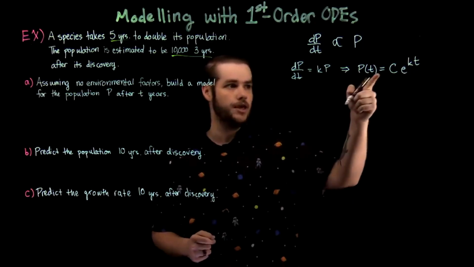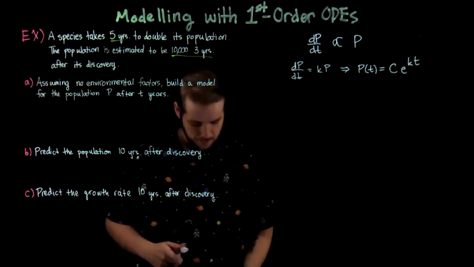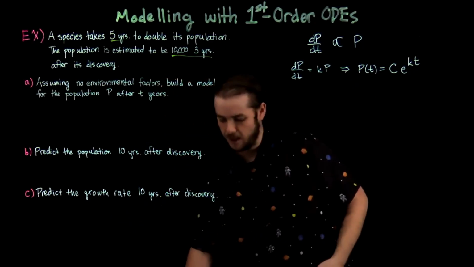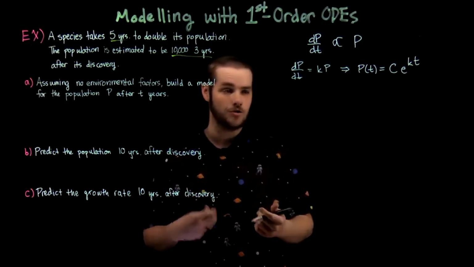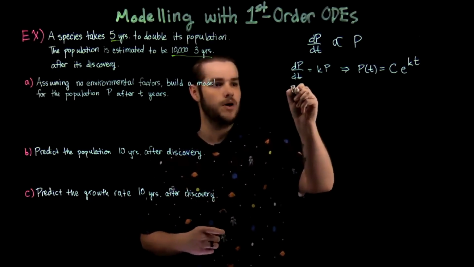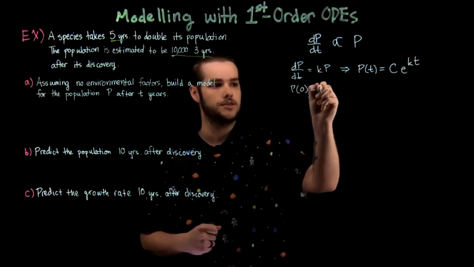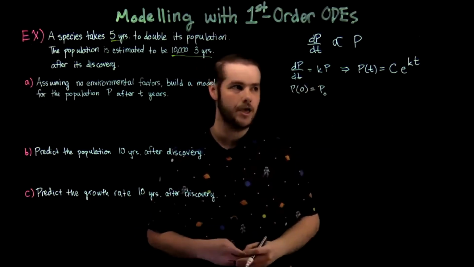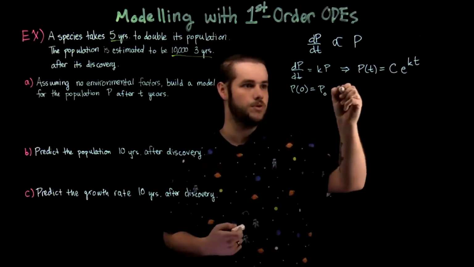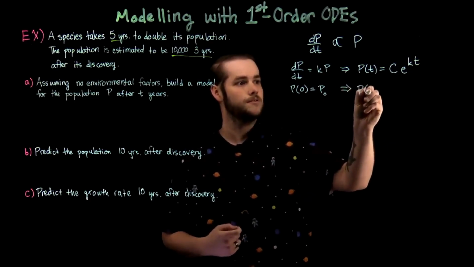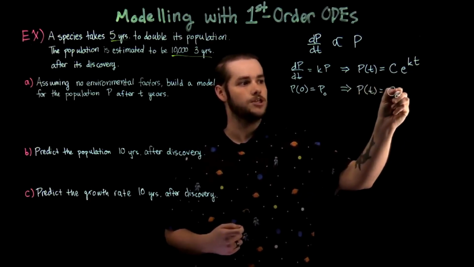By the way, we can maybe swap C out to be the initial population because we have the implied initial condition here that the population at time 0 is the initial population, right? So when I plug 0 in here, I just get C. So C must be P naught. So there's that quick notation change out of the way.